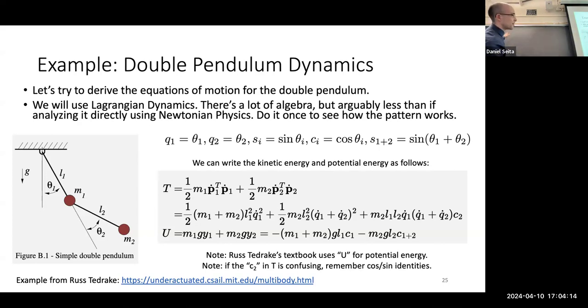So 1/2, and 2 P dot. It's a lot here. So 1/2, oh wait, this is M2. Yeah, M2, two times.